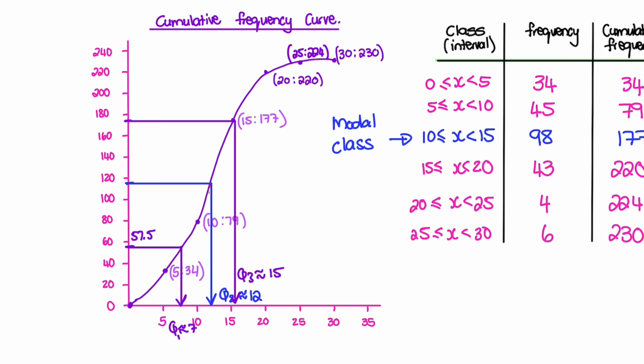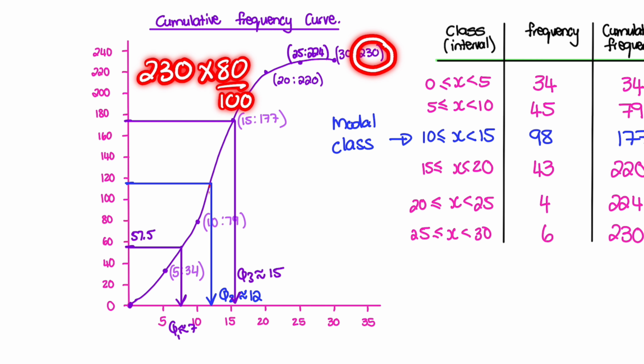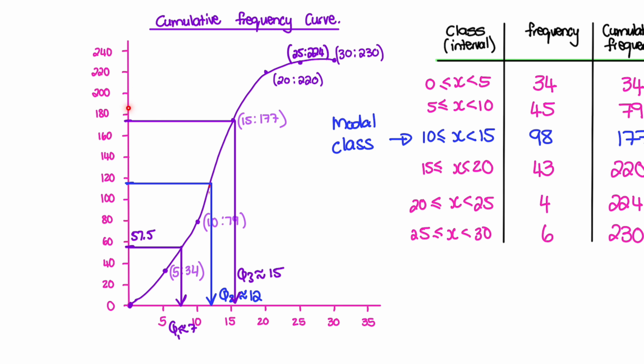And lastly, let us say we have a question that says find the 80th percentile. What you do then is you take 230, that's our total number of observations, and you multiply it by 80%. And that is 184. So this value of 184 represents the position of the 80th percentile.